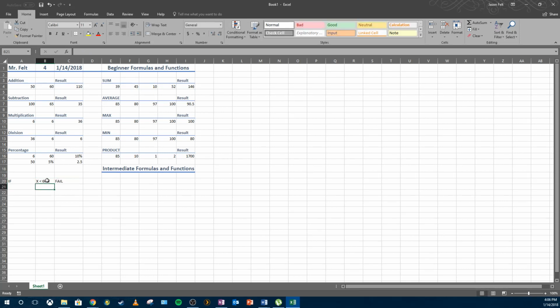Fail. If x is greater than 60%, we're going to do pass. Actually, I'm sorry, we're going to do greater than or equal to 60%, and they're going to pass.